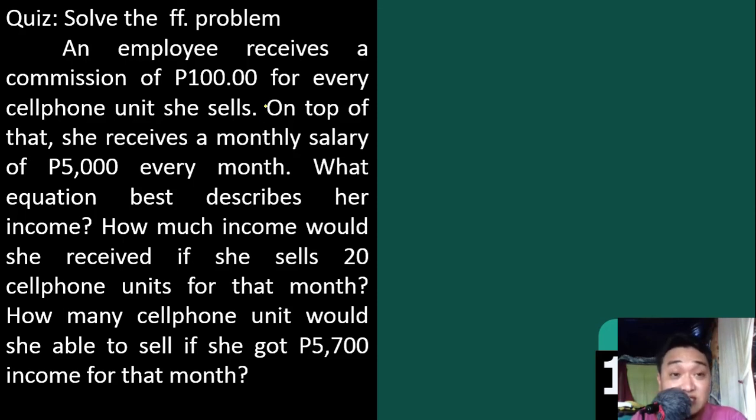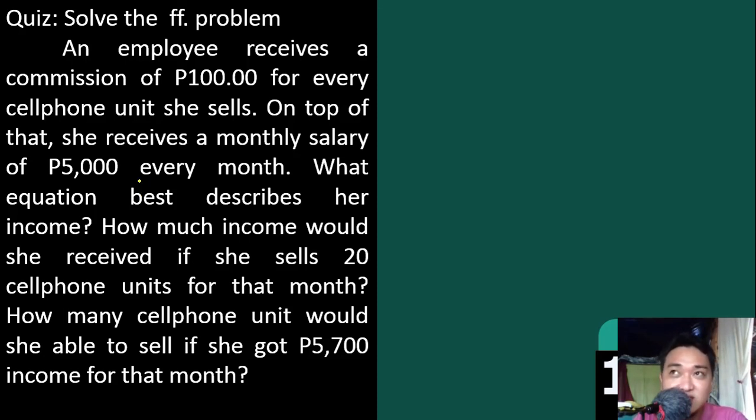So meron daw siyang kita na 100 pesos sa kada cellphone na binibenta niya. On top of that, she receives a monthly salary of 5,000 every month. So bukod pa dun sa commission niya, commission kasi yan yung 100 pesos na yan, meron siyang 5,000 na sweldo.